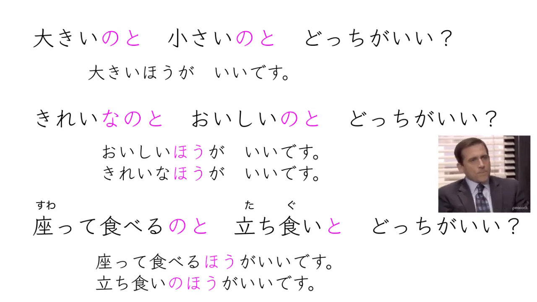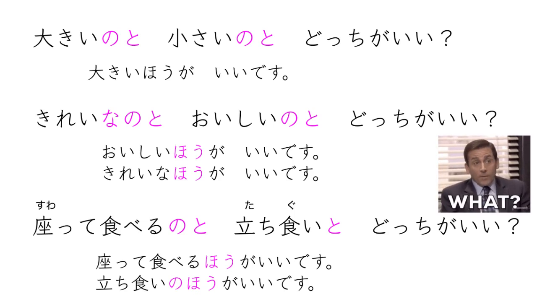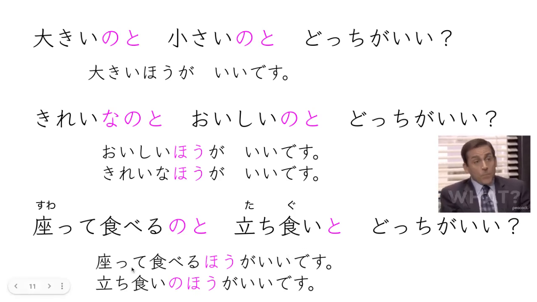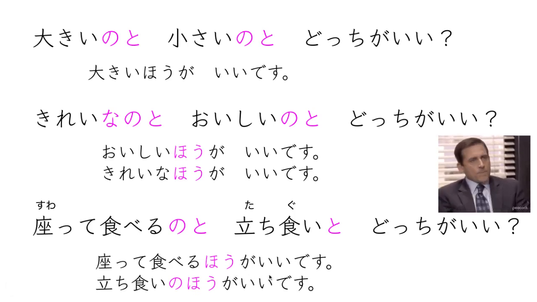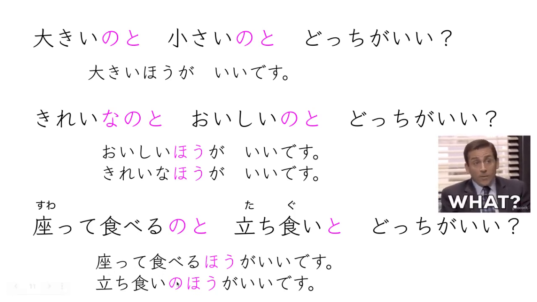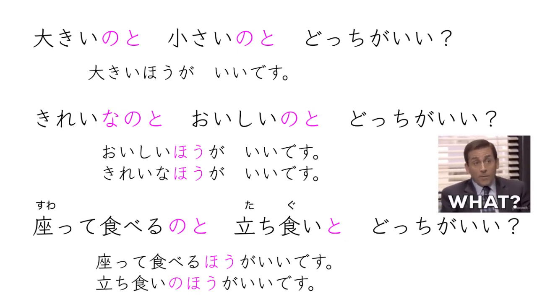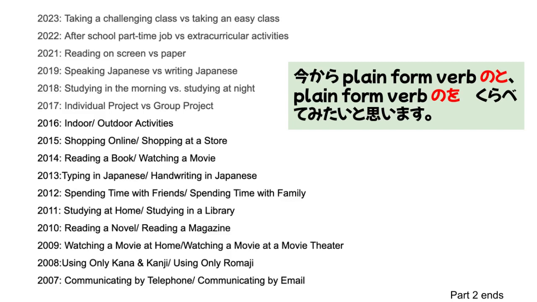I don't know if it's good for your health, but a lot of busy businessmen tend to do that eating style. And if you want to choose standing up, 立ち食いの方がいいです。There is no の after 食べる here, because 立ち食い is a noun word. All right, so take note of that.